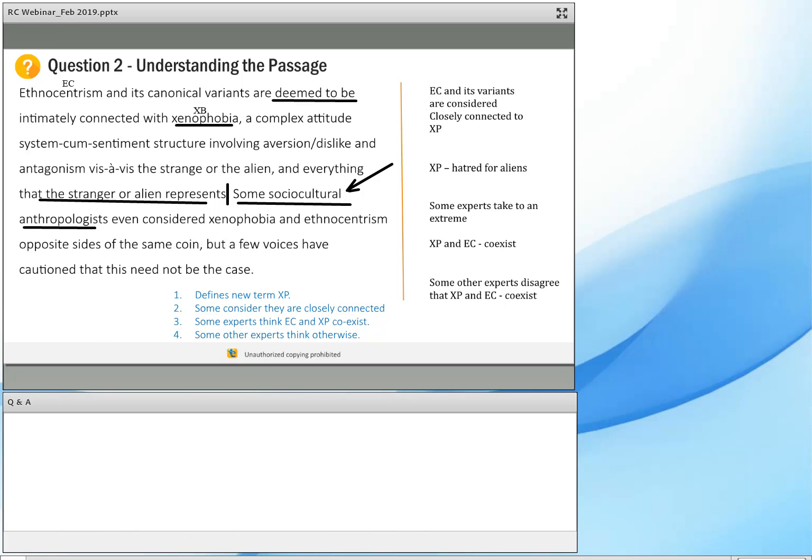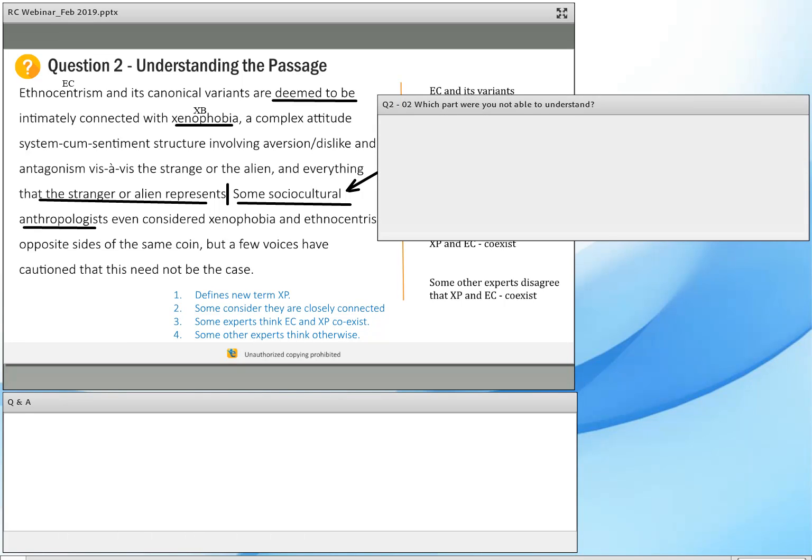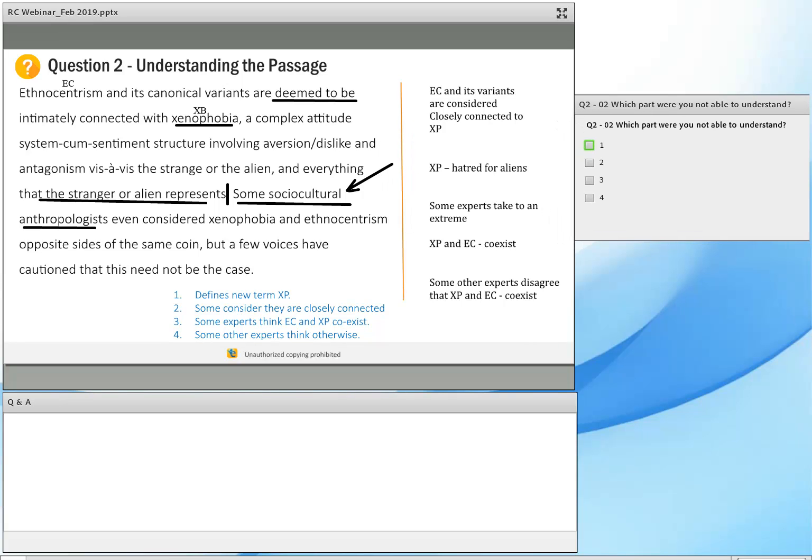Okay, so when you look at each of these four, which part were you not able to extract? This 1, 2, 3, and 4 is what you should have extracted. Which part were you not able to extract? And this is again a multiple response question, so you can select more than one part.